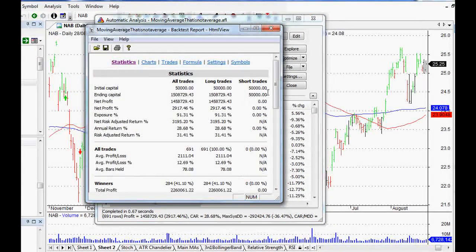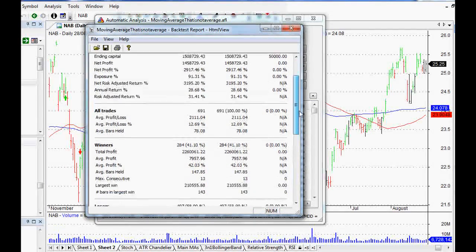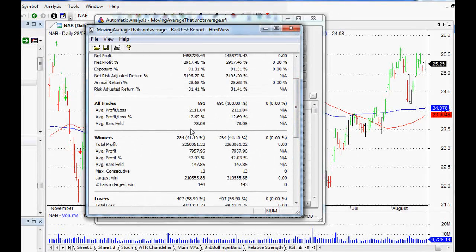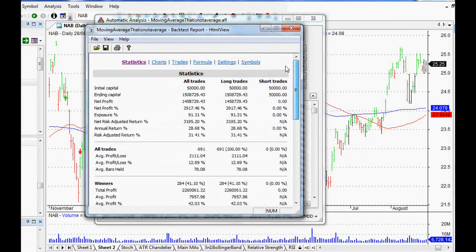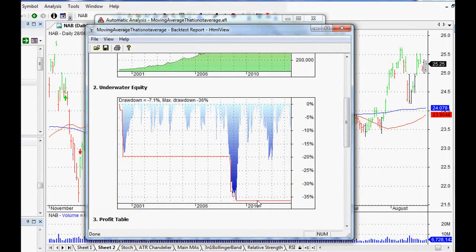what we're looking at now is an average annual return of approximately 28%, so that's still quite respectable. The winning percentage goes down, so we're only winning 41% of the time, but also the maximum drawdown goes down to 35%, and the other ones are still around that 20% level as well.